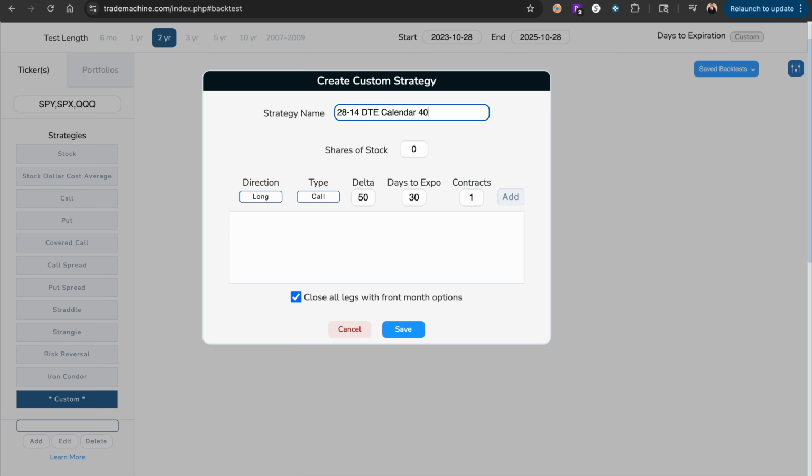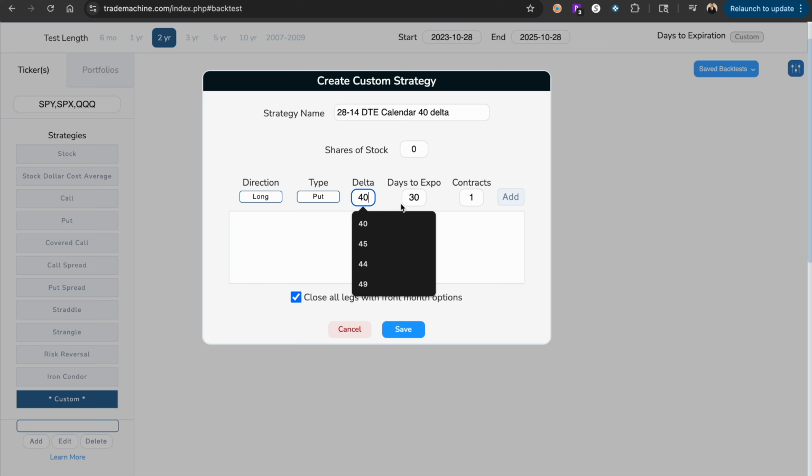And let's make it 40 delta, okay? So this means let's do puts. It doesn't really matter. We're going to do 40 delta on the long side, 30 days to expiry, add that.